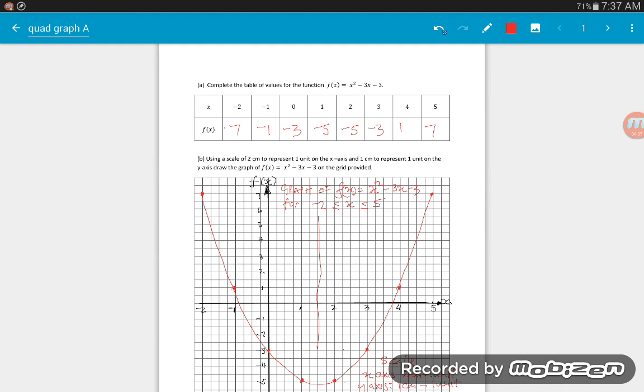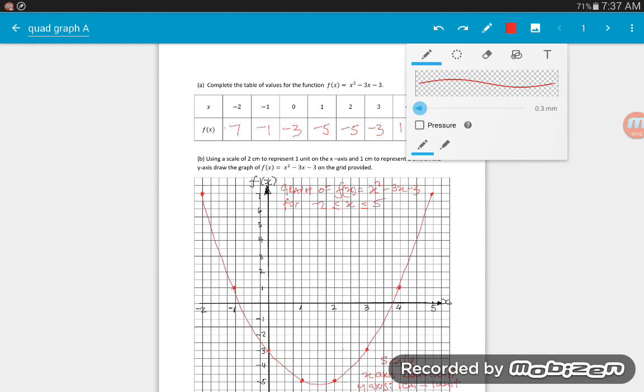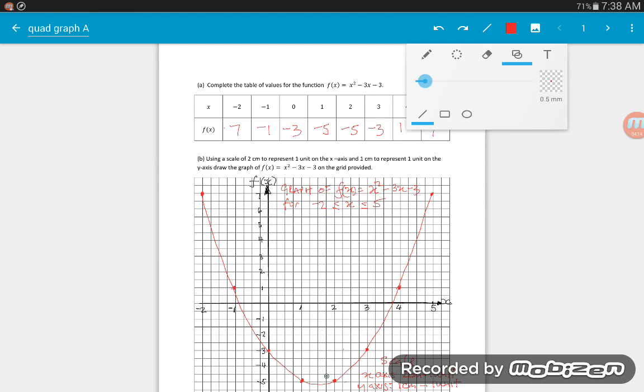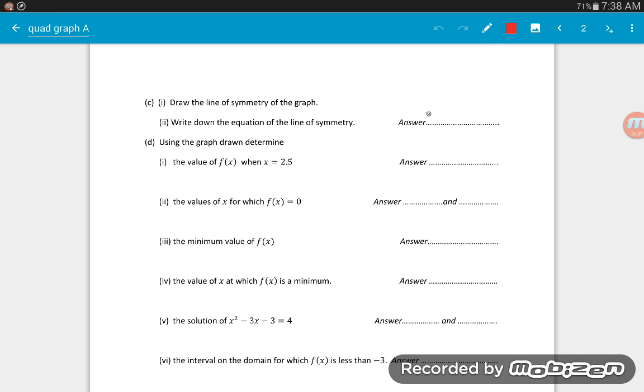Now let me use a better line, and our line of symmetry has an equation x equal to 1.5. So we put that in: x equal to 1.5.